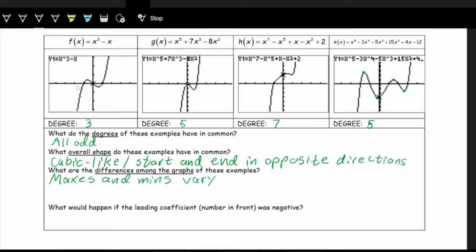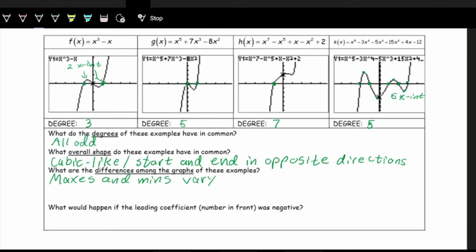We can also talk about the x-intercepts. Like this one has 1, 2 x-intercepts. This one also has 1, 2 x-intercepts. This one just has 1 x-intercept. This one has, if we count, 1, 2, 3, 4, 5 x-intercepts.